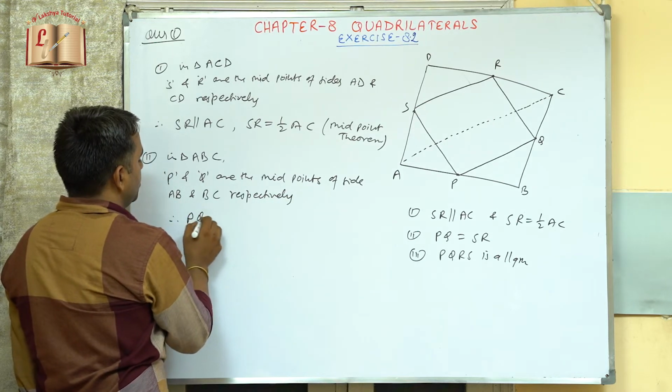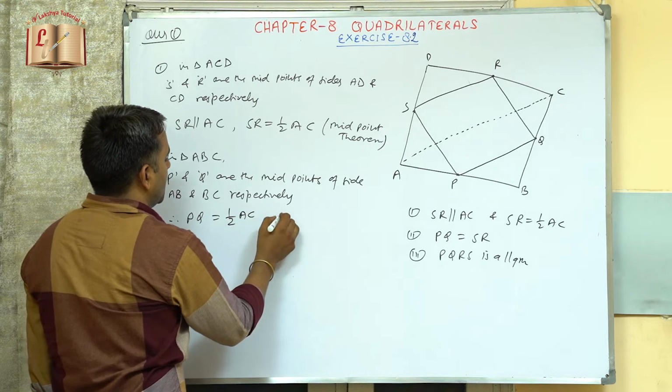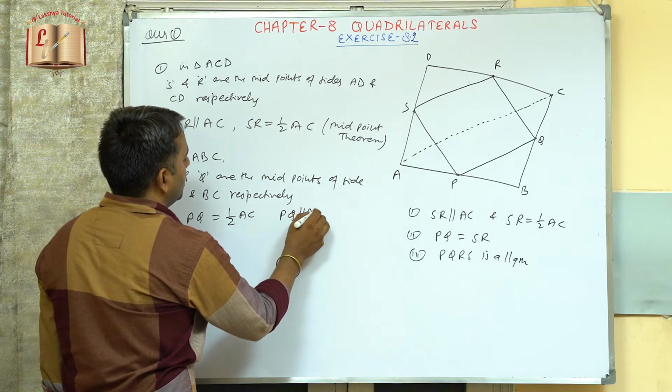Therefore, PQ will be equal to half of AC and PQ will be parallel to AC.